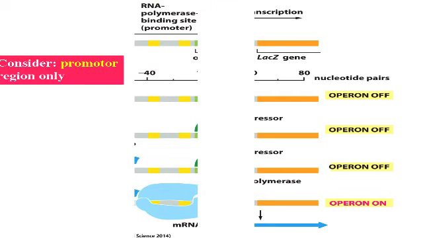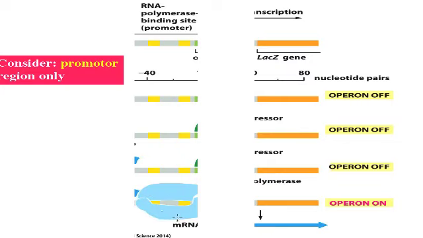If we dissect that figure into relevant parts, the first thing to consider is the promoter region only. The P region, the promoter, has one purpose: to bind the RNA polymerase. So if it doesn't bind the RNA polymerase, as indicated in these three panels here, 1, 2, 3, then obviously the rate of transcription is low, and the operon can be considered to be not functioning and is turned off.